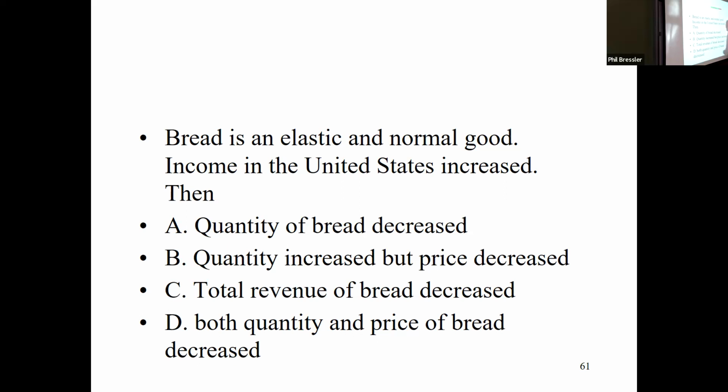Wouldn't it be inconclusive because quantity is also going up due to the demand increasing? Yeah, but we're talking about total revenue. Total revenue decreases because quantity decreases, but if quantity demanded is still higher than it was before.